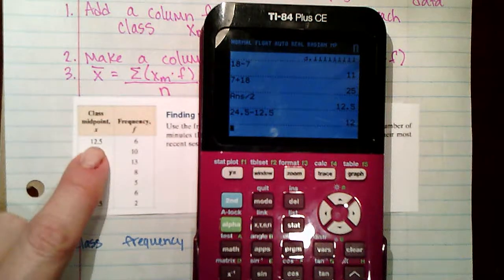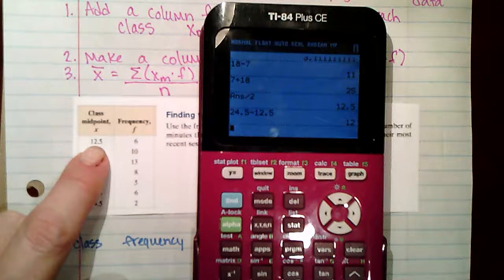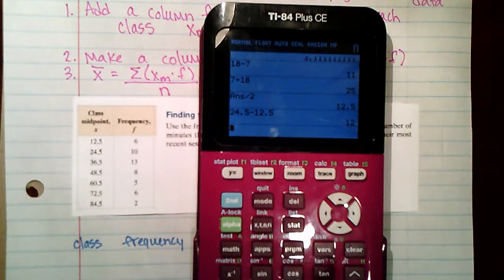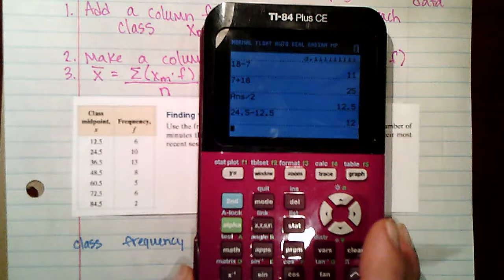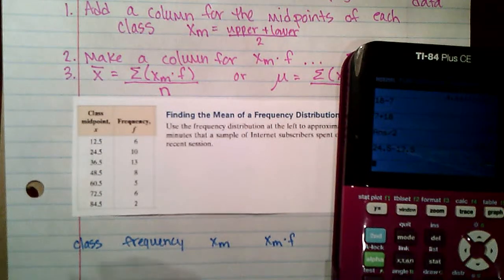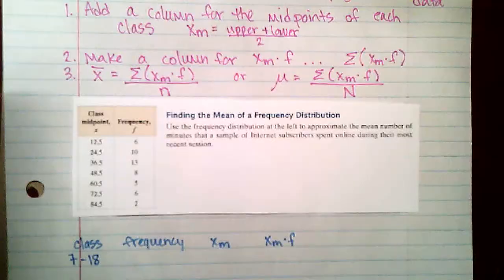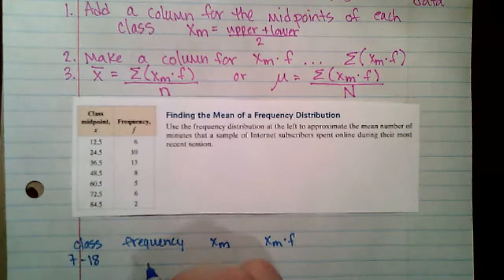So in order to have 12.5 as my class midpoint, then my classes would need to be 12 wide. So this class will be from 7 to 18. And the frequency is 6.